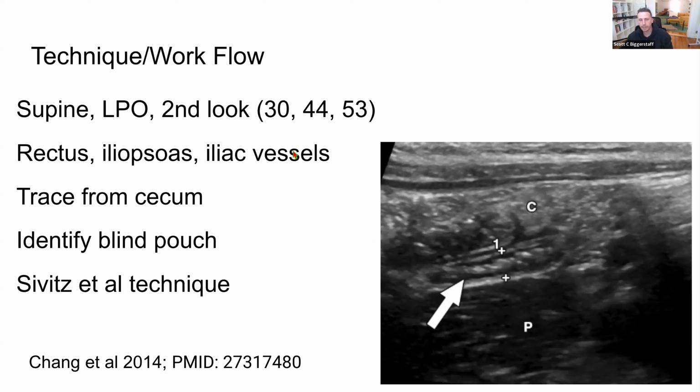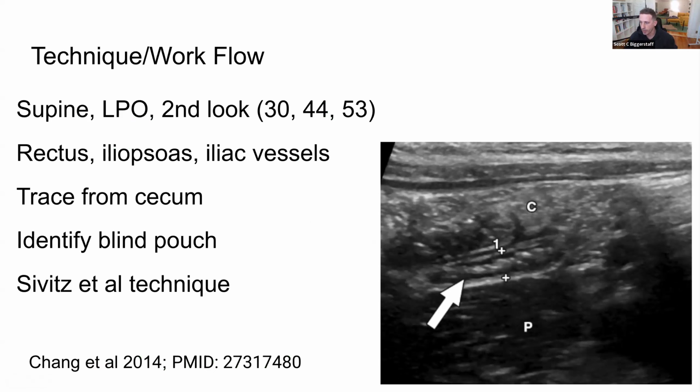They increased their sensitivity for detecting the appendix from 30% on the first supine look to this lateral posterior oblique view. It's basically just the patient lying on their left side with their right side up, and the probe is oriented sagittally.